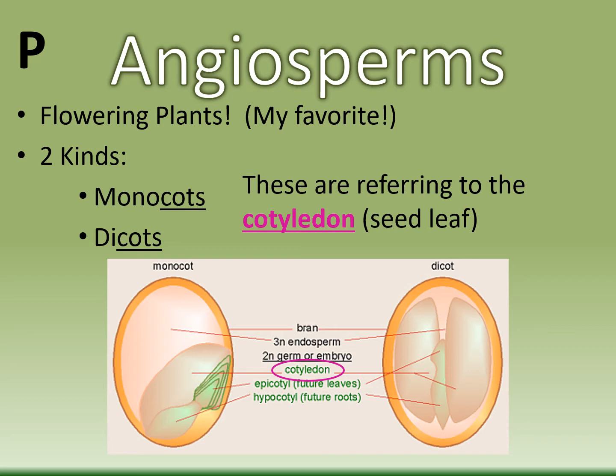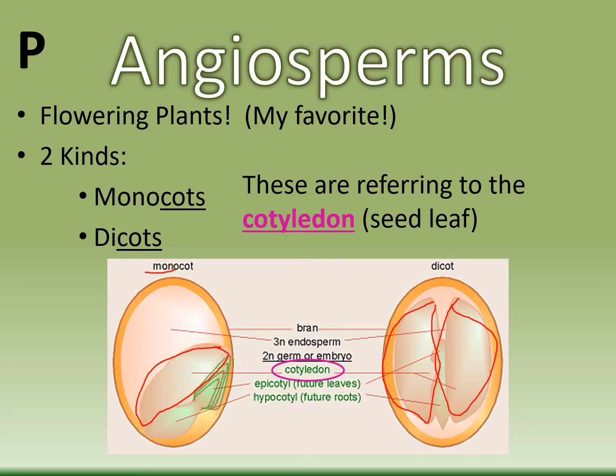So when we start talking about the seeds, we're talking about what's going on inside. The word cotyledon means seed leaf. If you were able to slice a seed open and look at it in halves, you would see either one seed leaf, which is right here, and that's a monocot, mono meaning one, or you would have two seed leaves, cotyledons, and these are the kind of things that are going to sprout out of the plant.